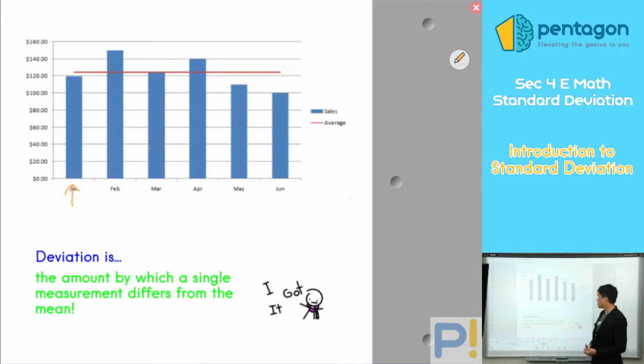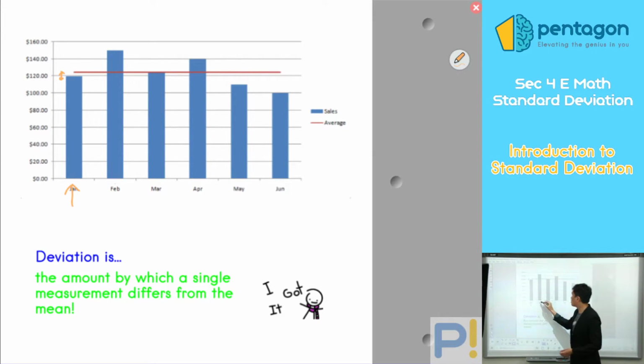So we want to see how much this measurement is different from the average. Say the difference is this tiny little distance over here. Sorry, I couldn't be more exact because the marker is quite hard to write with. But from the top of the bar to the red line, that's how much the difference is. Yes, that is the deviation we are talking about.